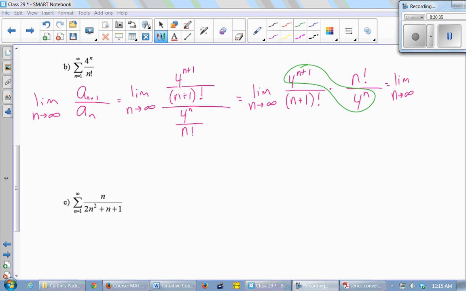I'm going to be left with a 4 on top when I cancel those two. This is n plus 1 4s, this is n 4s, cancel them, and you'll have one 4 left on top. So I have 4 times n factorial over n plus 1 factorial.